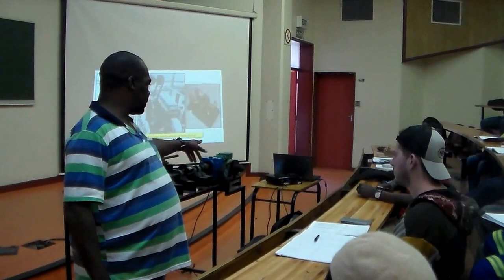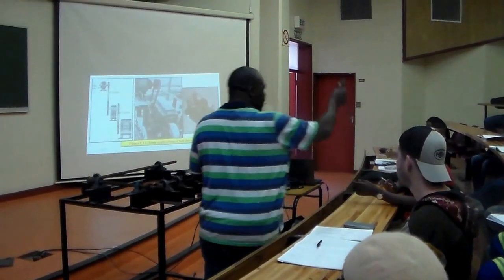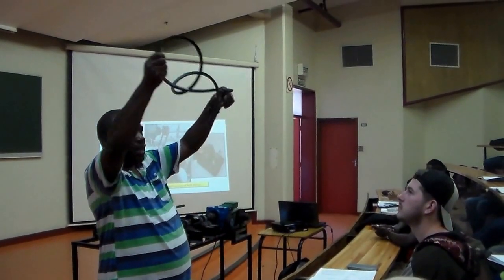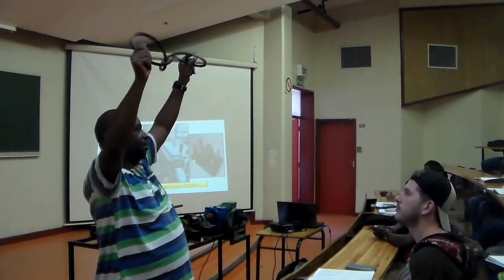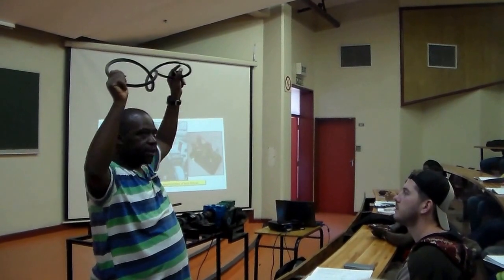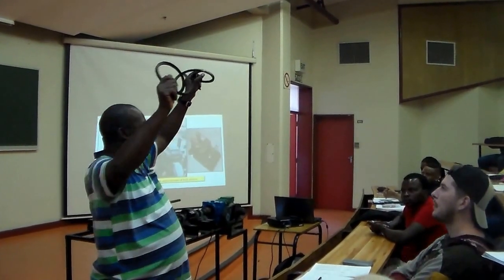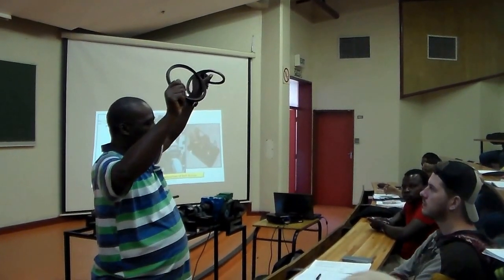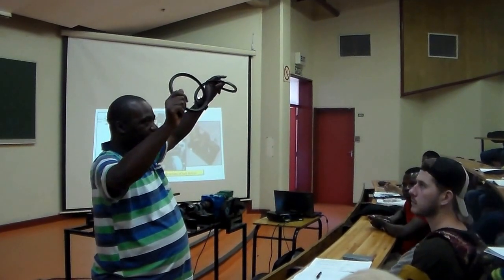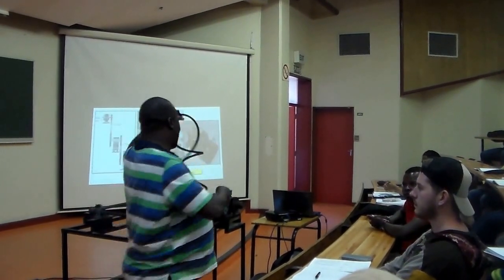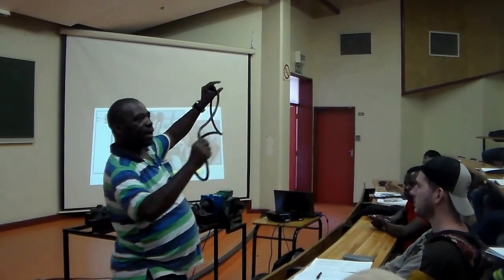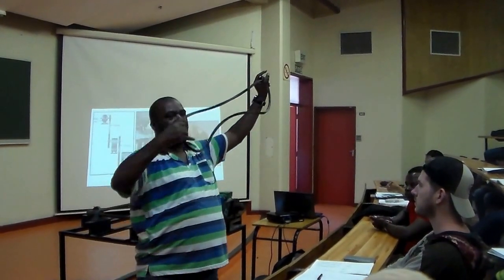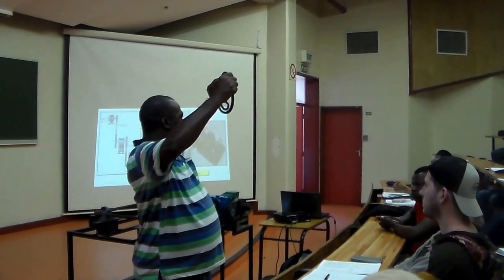This V belt here is a standard item which you must buy from suppliers. You get it? But why do I buy this one and not this one? Are the two the same?